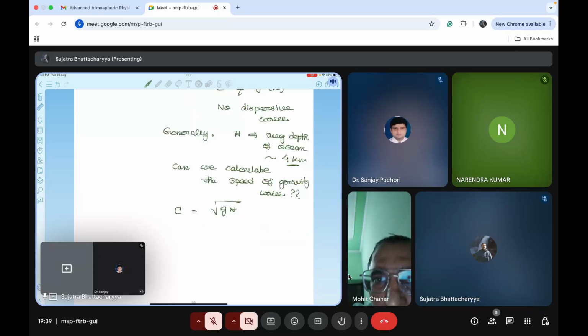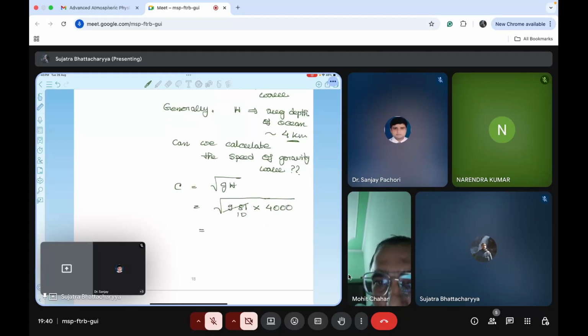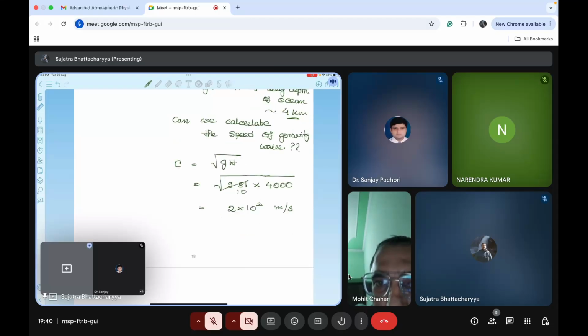So just take root gh and try to calculate. g is 9.81 meters per second squared. h is 4 kilometers, so it's about 4,000 meters. You can keep g as 10 for simplicity. So what you get is 2 into 10 to the power 2 meter per second, so it will be 200 meters per second.